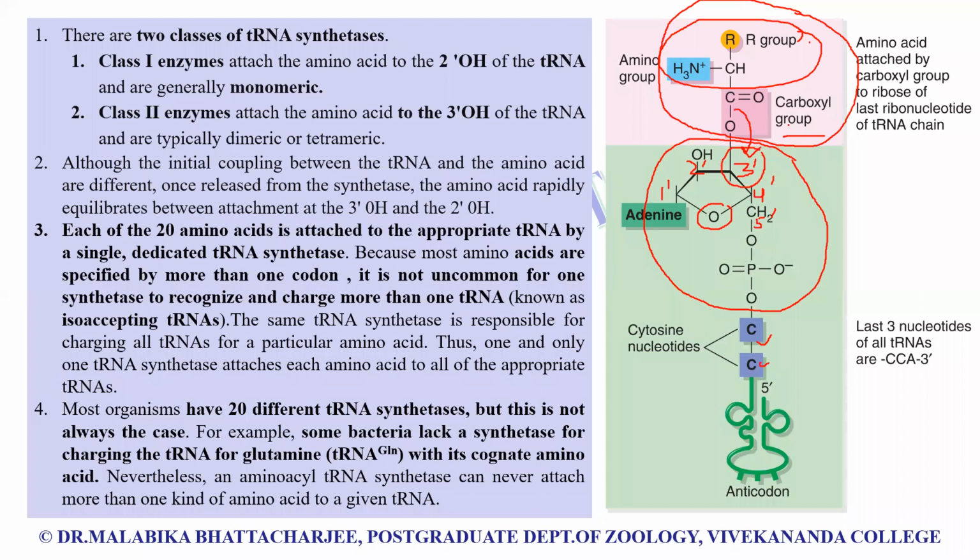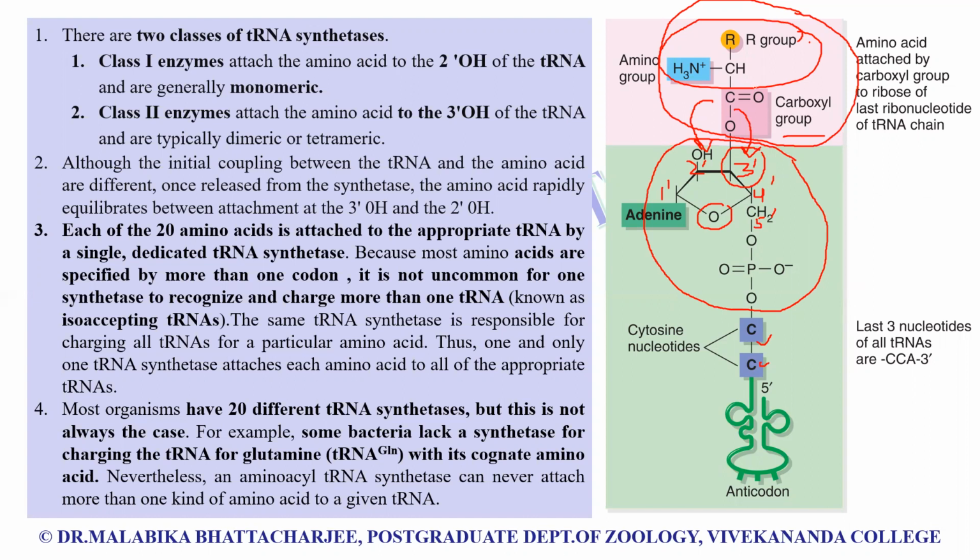Based on whether the amino acid is attached to the 3' end or the 2' end, aminoacyl tRNA synthetases are of two categories. The class 1 enzyme attaches the amino acid to the 2' end. So if the amino acid had been attached here, then the synthetase would belong to the class 1 enzyme.